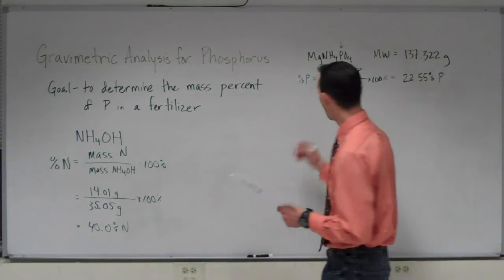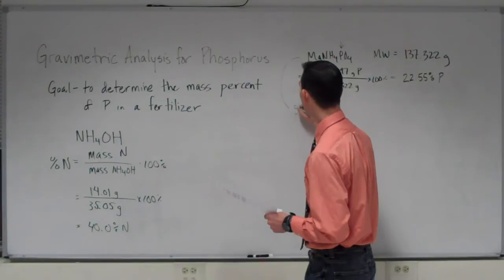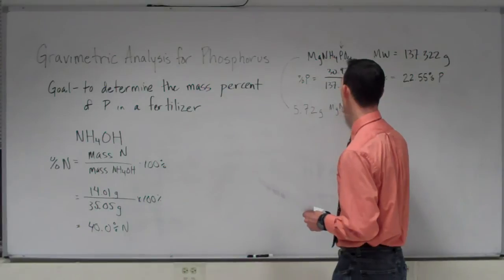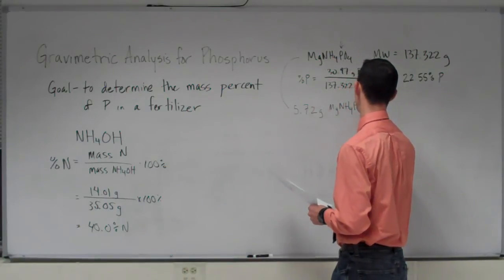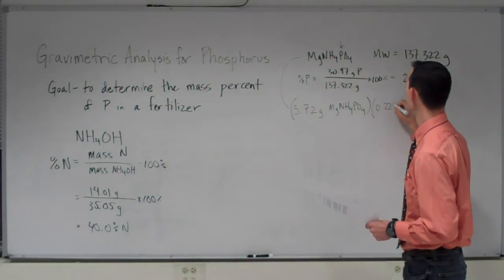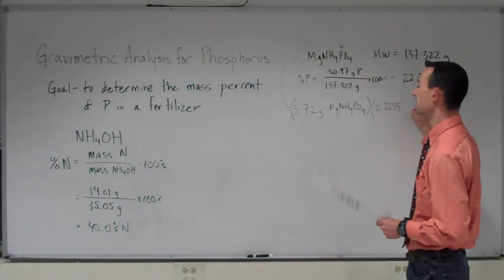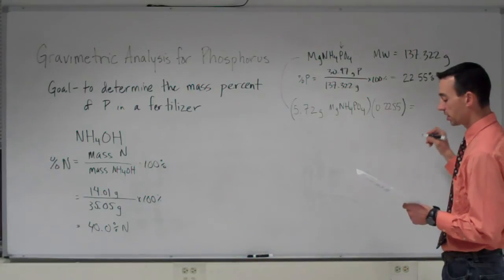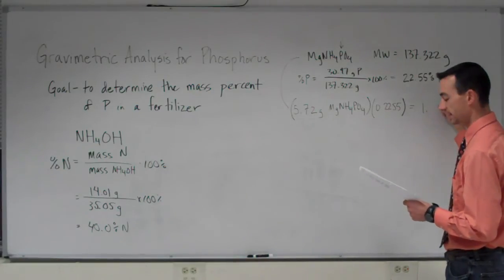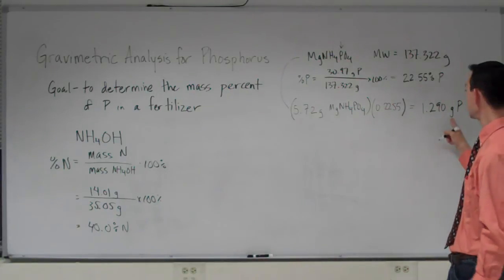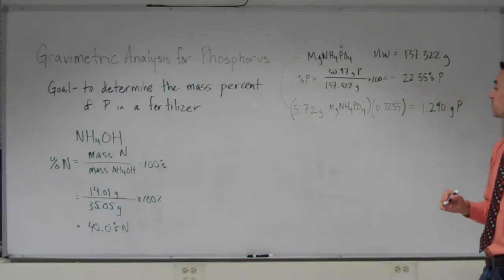Well, our compound that we produced, we collected 5.72 grams of the magnesium ammonium phosphate, we're told. Of this, we now know that 22.55% is phosphorus. So when we multiply by 0.2255, we're determining the mass that is actually phosphorus. 1.290 grams of phosphorus are in this actual 5.72 grams of magnesium ammonium phosphate.